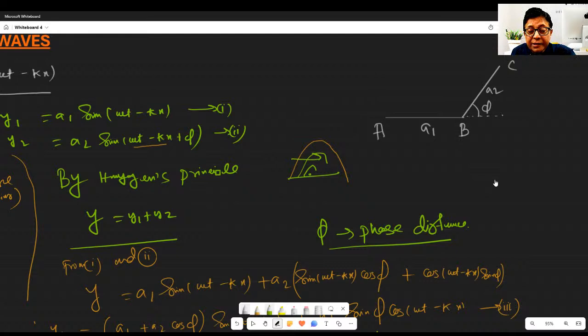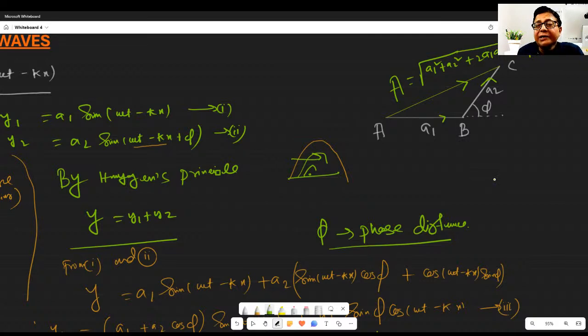If I imagine there are two vectors A1 and A2, angle between them phi, then the resultant vector is the third side of the triangle, that is called triangle law. So this will represent a resultant. This is what? A1 square plus A2 square plus 2A1A2 cos phi. Clear?